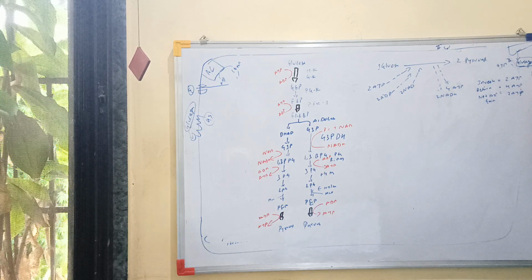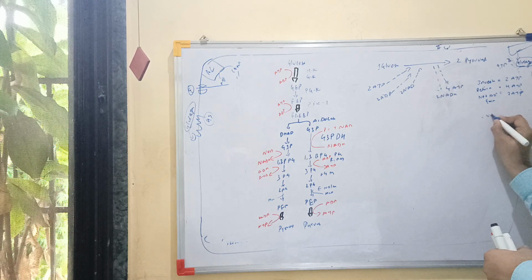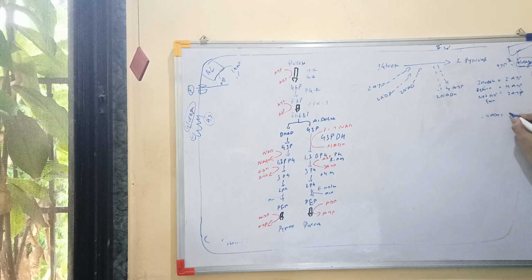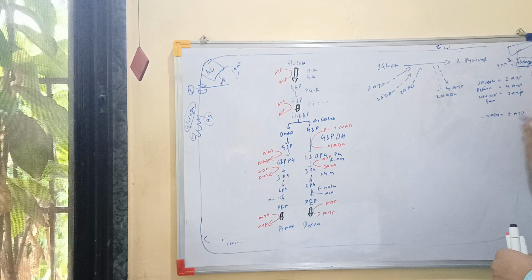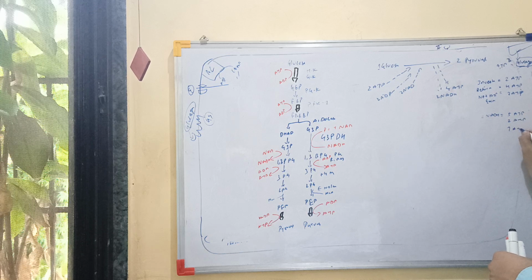Okay, correct? And we have also got 2 NADH. So NADH is equal to 5 ATP. So in short, we can also say we have a net gain of 7 ATP from glycolysis. Okay, we have got 7 ATP from glycolysis.